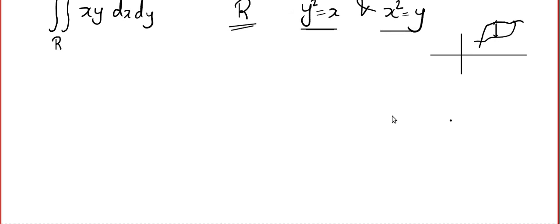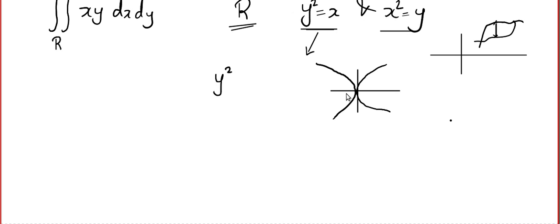Anyway, these two are well-known curves, they are parabolas. I'll give a short note on this. If you ever see y square, you should remember the parabola will be symmetric about the x-axis. So there are two possibilities. Now you look at the right hand side.